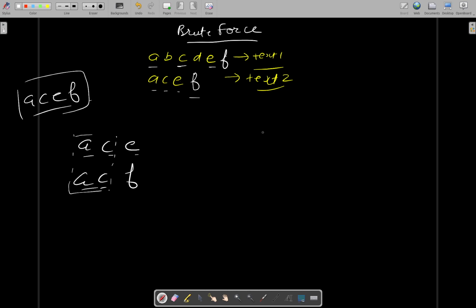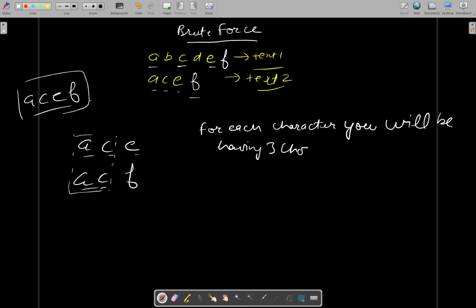What I mean by this is, for each character you will be having three choices. What are those three choices?